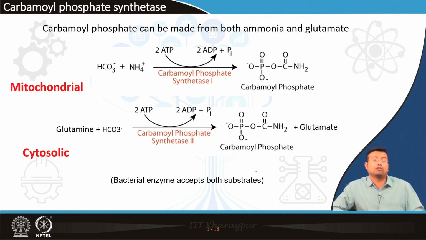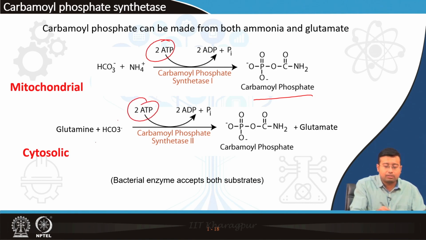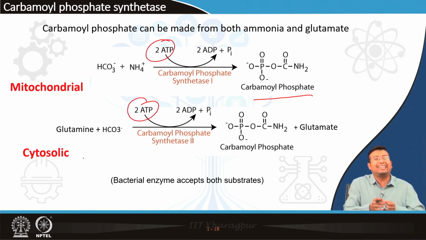And lastly, one of the most important reactions where ammonia is used, that is formation of carbamoyl phosphate. How is carbamoyl phosphate formed? Again, formation of carbamoyl phosphate is an energy dependent process. It needs ATP, hence the enzyme is known as carbamoyl phosphate synthetase.